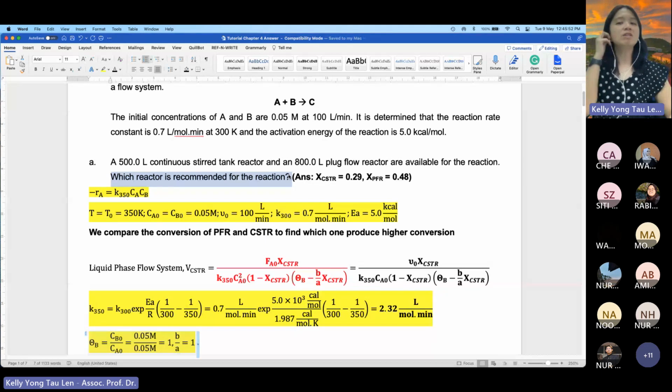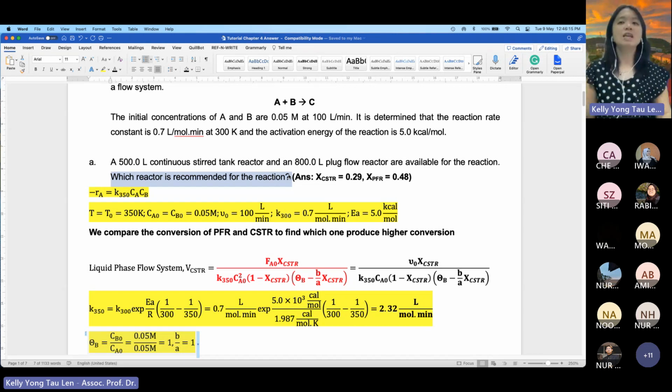So it asks which reactor we want to use. Imagine the scenario is that I have this reaction, I want to conduct it at this temperature, and in our plant we already have these two choices of existing reactor. Either you use a 500 liter CSTR or an 800 liter PFR. So which reactor do we recommend?